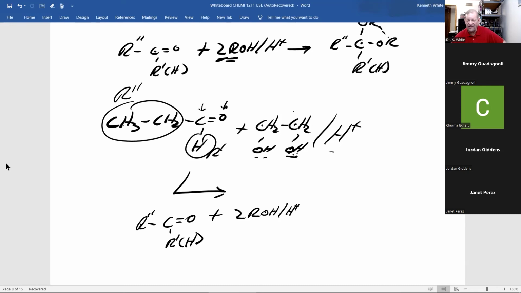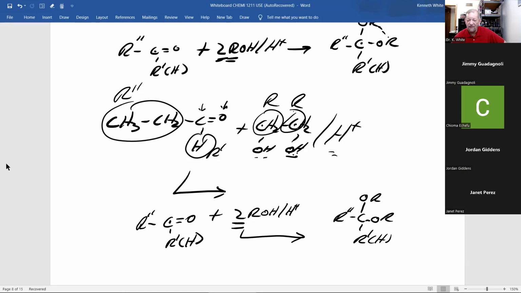And acid catalyst. And what do you get? Keep your eye on the carbonyl carbon. What's attached to it, R prime and hydrogen, our double prime is still there. Then because of the two, we have two oxygens and R and R. So this is my R group, but don't forget there's a bond between them.